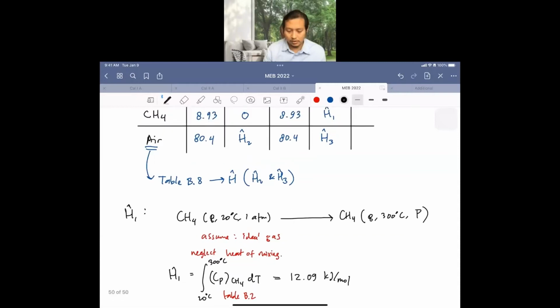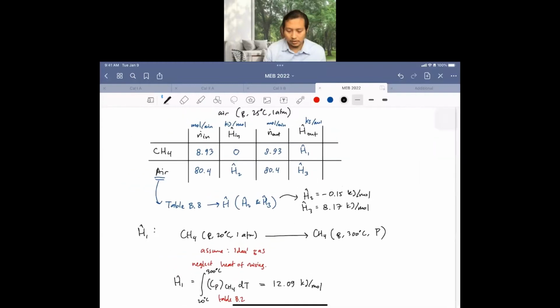And H2 and H3 from table B8: H2 is negative 0.15 kilojoule per mole, and H3 is 8.17 kilojoule per mole.